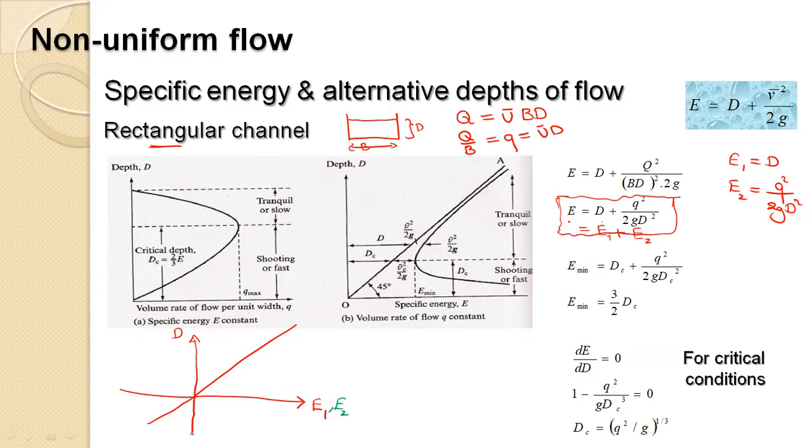When D equals minus infinity, that is somewhere here, E2 equals 0, no? And then when D equals 0, this would be infinity, right? So in the negative segment, the shape of the curve would be something like this.